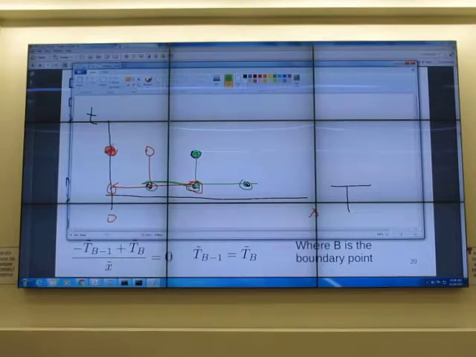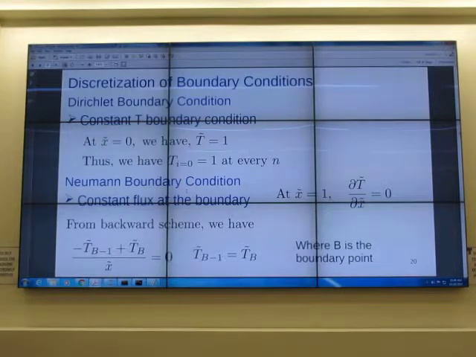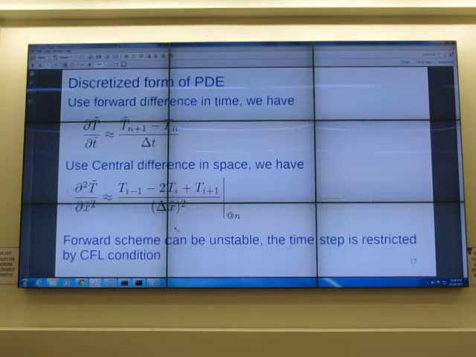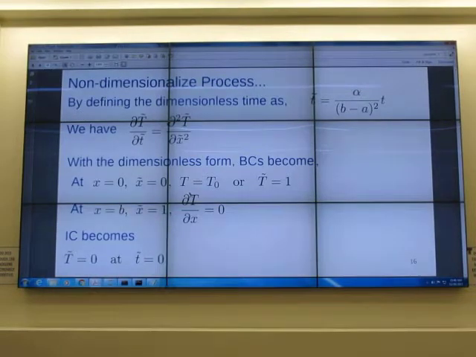But what about the other boundary? How do we find that point? We use the boundary condition, right? The boundary says the partial derivative of T tilde with respect to x equals 0.